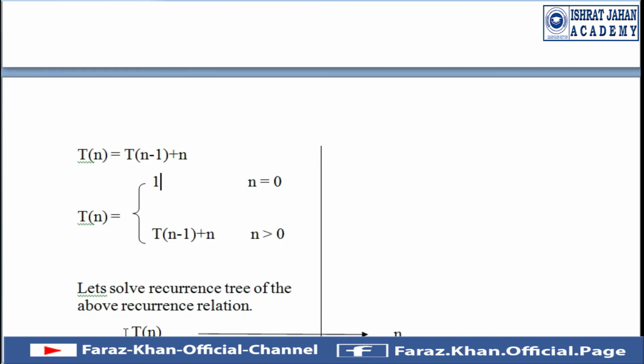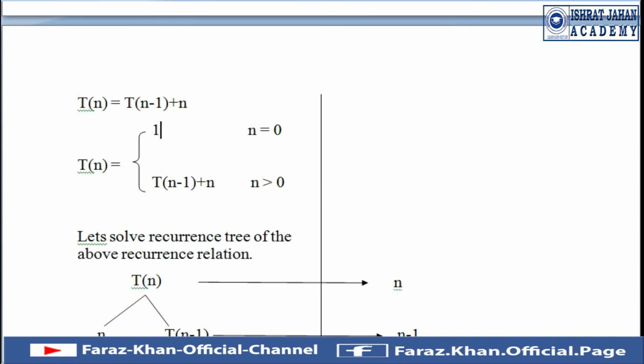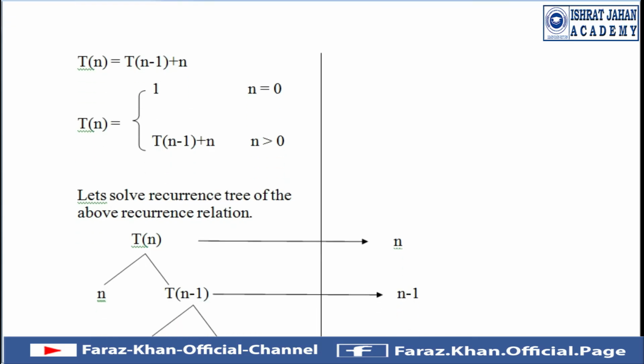So here is the T(n) which we are solving. Here is the n, T(n-1), right? Now every time it will break the list, it will be n minus 1.